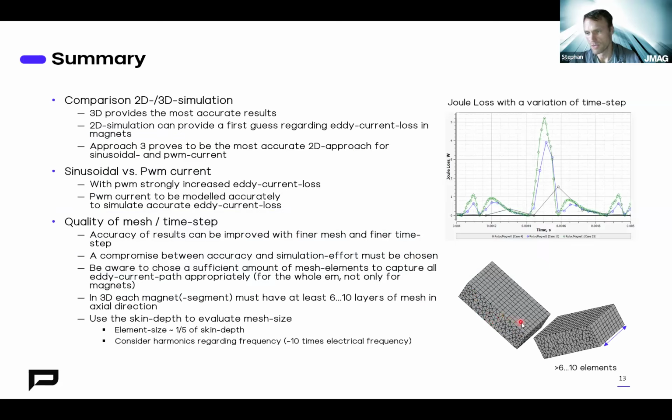And if you use extruded mesh, we have, at least in the axial direction, more quadrilateral elements. And the coupling in the axial direction is probably not as good as if you use tetrahedral elements. So if you use tetrahedral elements also in the axial direction, it might provide some improvements regarding accuracy, but at the cost of more mesh elements.